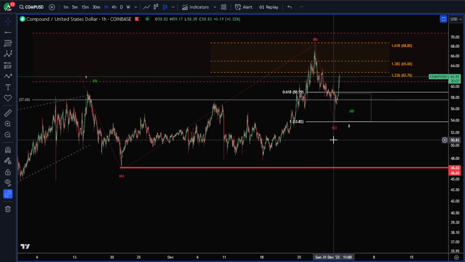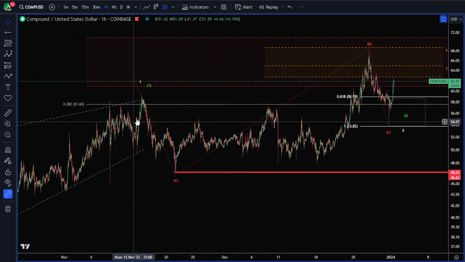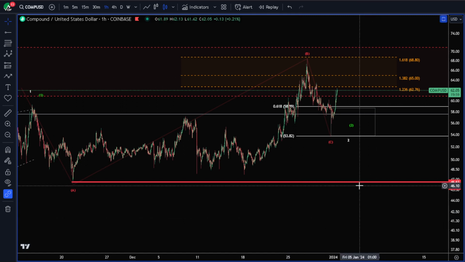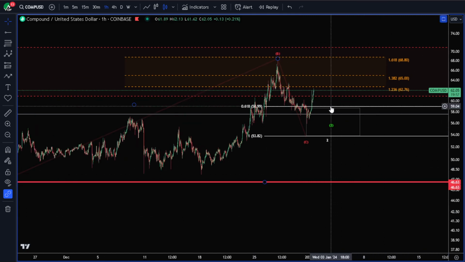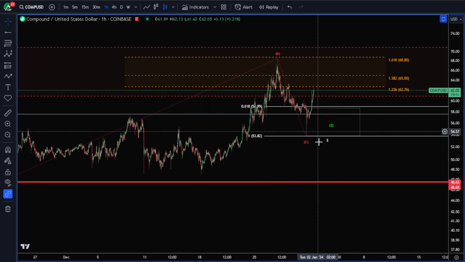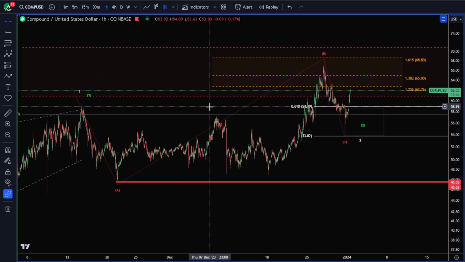We rejected from there as expected, and we're finding support above previous resistance. We don't want to drop below this level to keep this count intact. And our targets were 58.99 and 53.82, right in that box you can see I have labeled. And we're currently looking impulsive from that area. So it looks good at the moment.